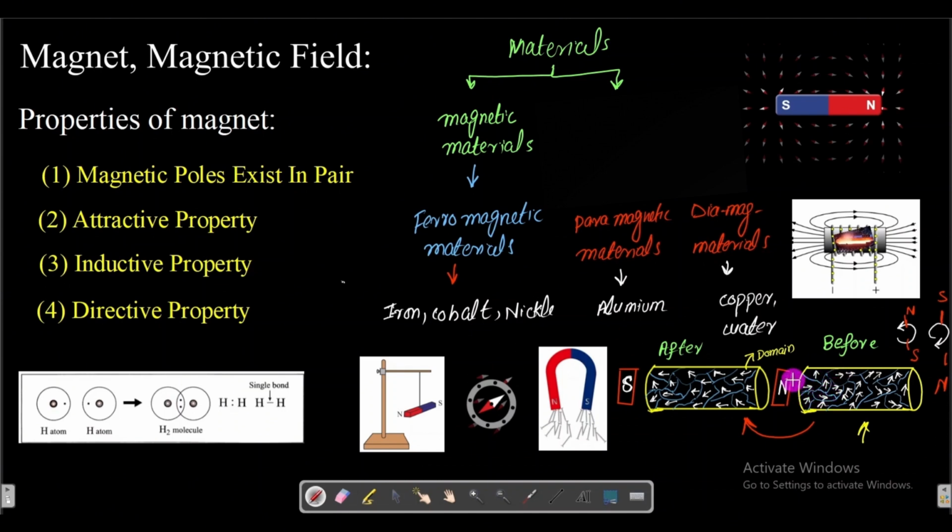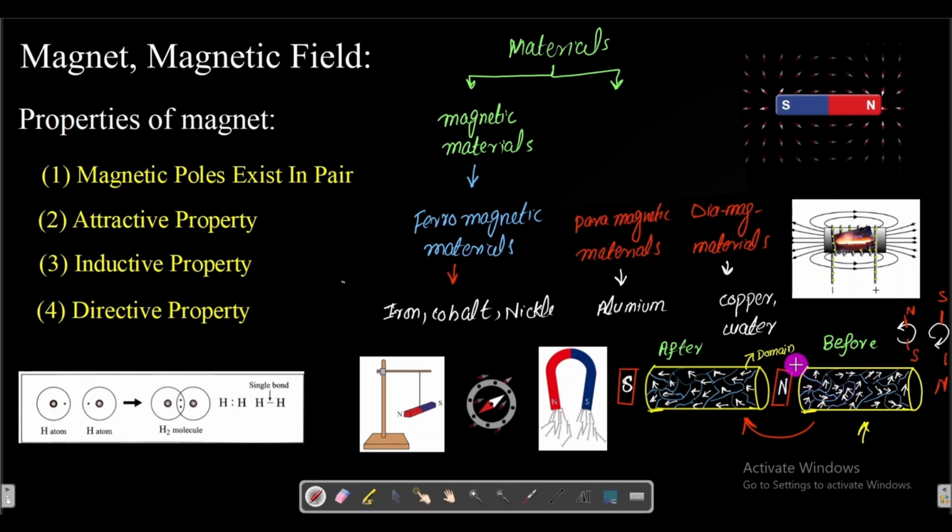So due to the spinning of the electrons, the electron is actually a charged body. When a charged body is in motion, it will produce a magnetic field. So inside the orbital, the electrons are in motion, due to which the magnetic field will be produced.